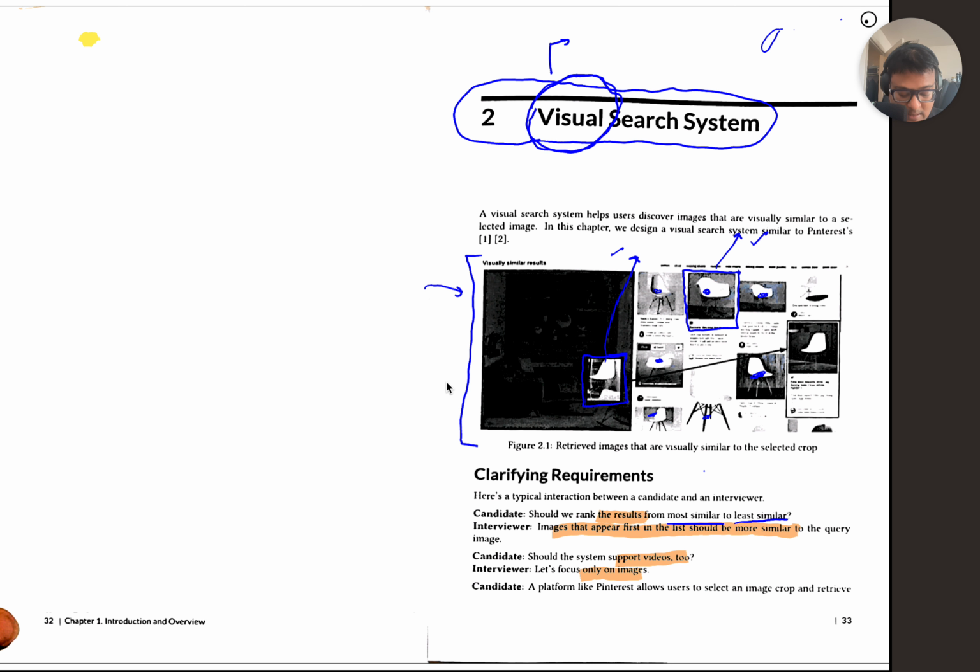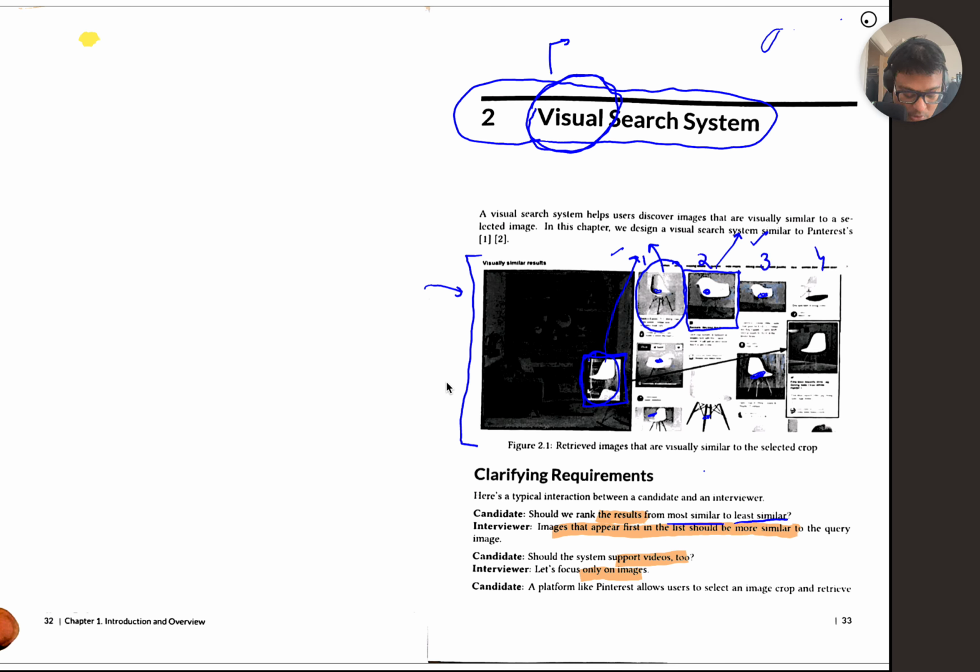The interviewer will generally reply, okay, for this chair you should output the item which is most similar first. So this chair is most similar, so it should come on top of the UI, and that is what you care about. So this is rank 1, rank 2, rank 3, rank 4, and so on.